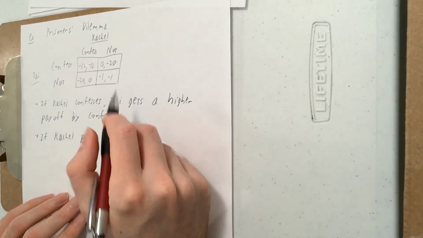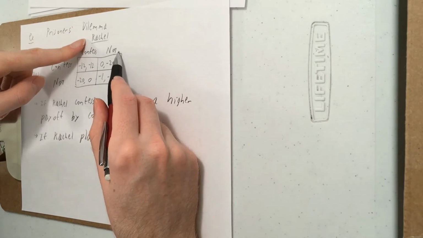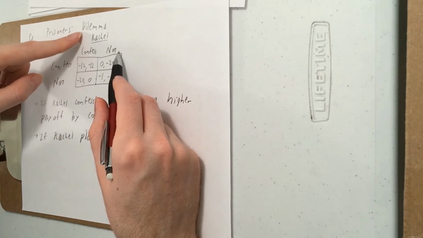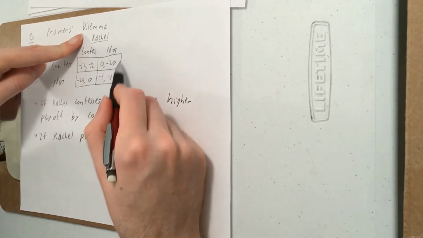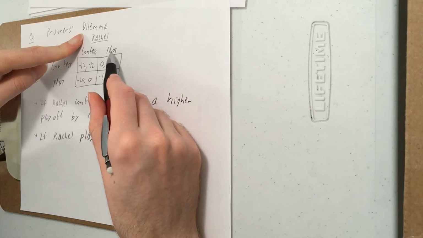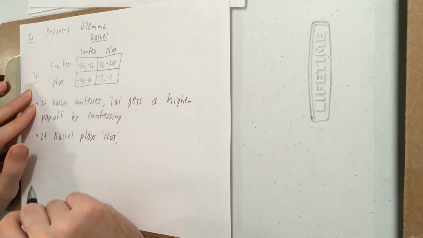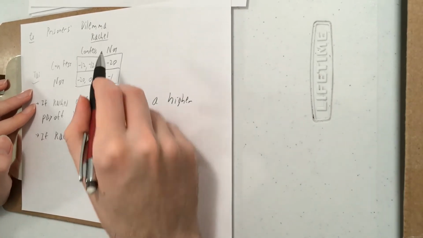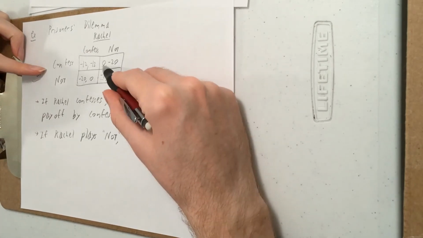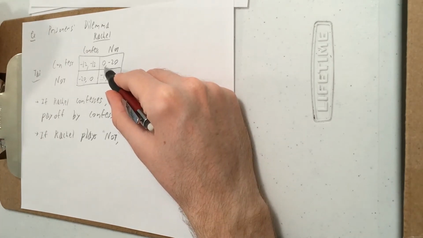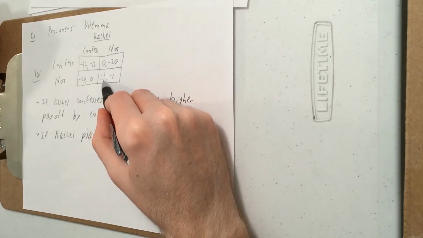The other possibility is that Rachel could not confess. So Rachel's strategies here are in the columns, because Rachel's a column player. If she plays not, we're in this second column over here. Row players' payoffs always come first, so Ty cares about these numbers, the 0 and the -1. So if Rachel is not going to confess, Ty could get 0 by confessing. Alternatively, he could get -1 by not confessing.